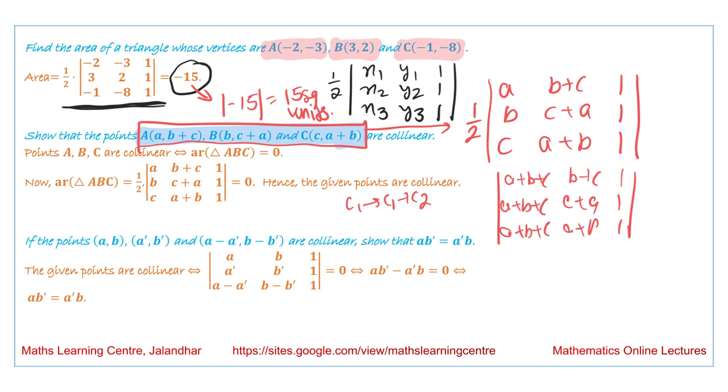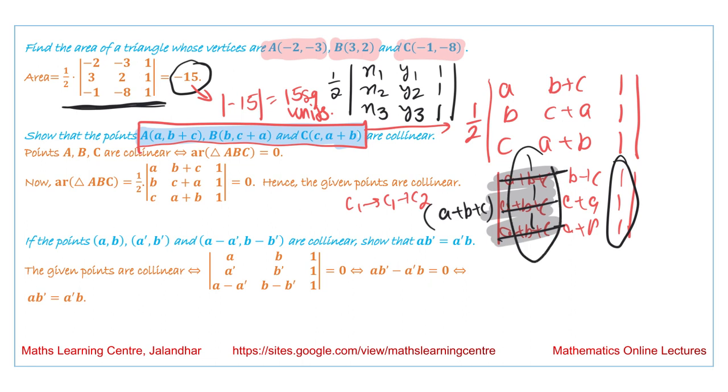Now look at this column, we can take a+b+c common, and this term will become 1, this is 1, this is 1. Both these columns are identical, so the determinant is equal to 0. So we obtain that the area of the triangle formed by these points is 0. It means these points are collinear.